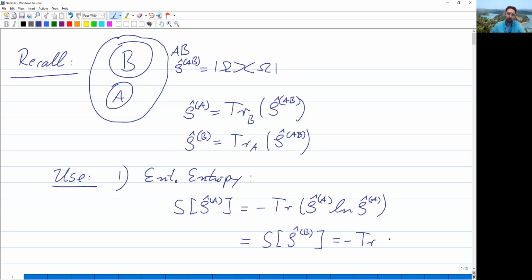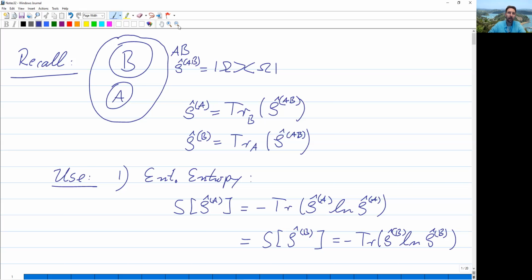It's always the same. And that's because the non-zero eigenvalues of rho hat A and rho hat B were the same, including degeneracies, and so the entanglement entropies came out the same. So minus the trace of rho hat B logarithm of rho hat B.